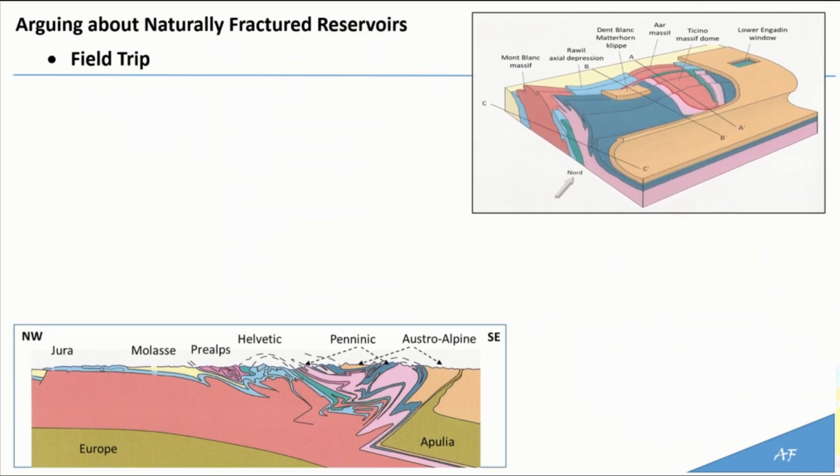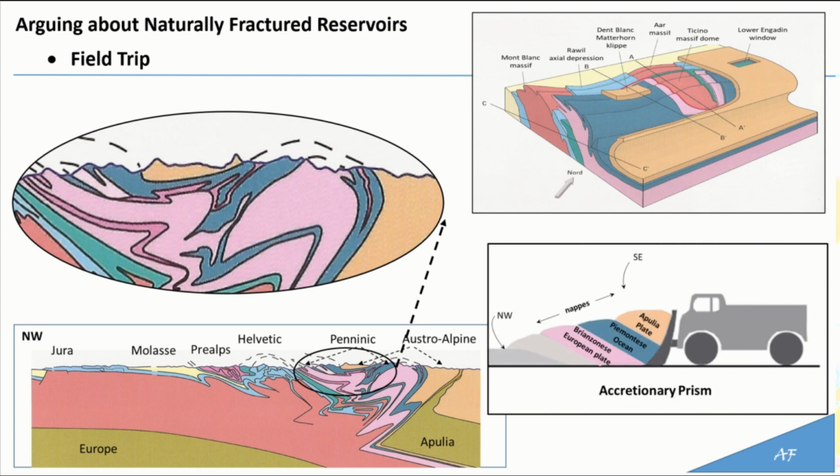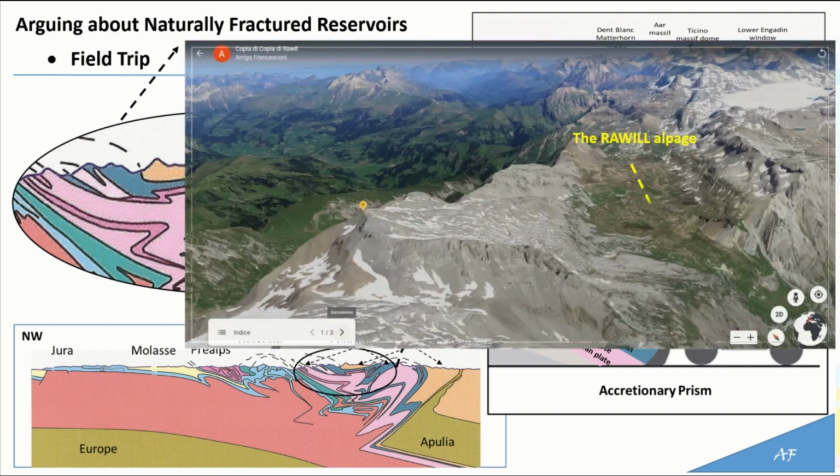An example of this complex Alpine building can be observed just southward of our area of interest, on the other flank of the Rhone Valley, where the piling up of the different nappes can be observed.